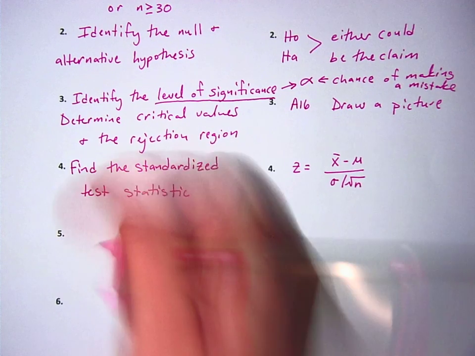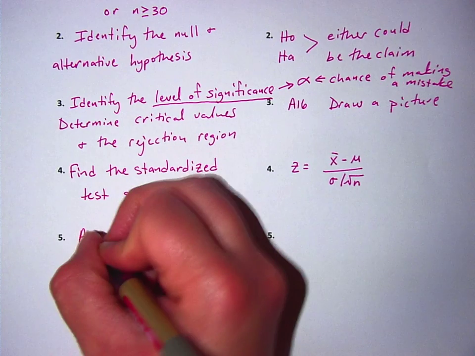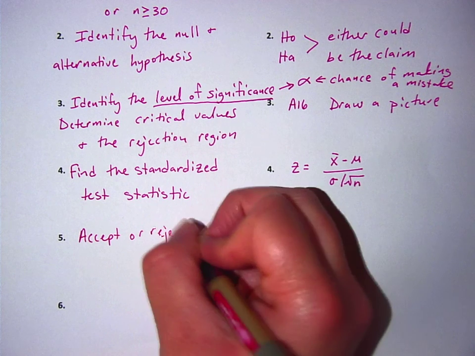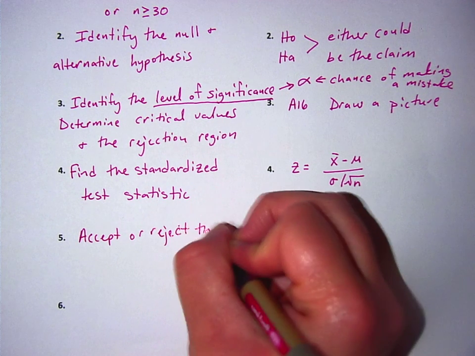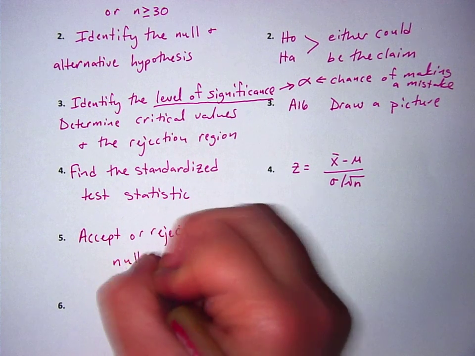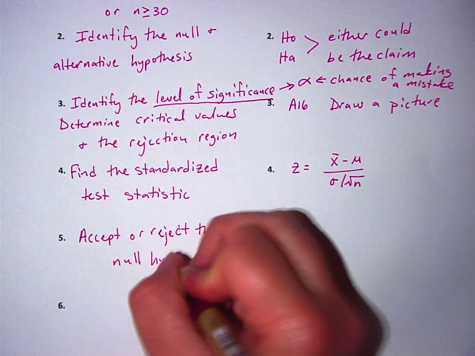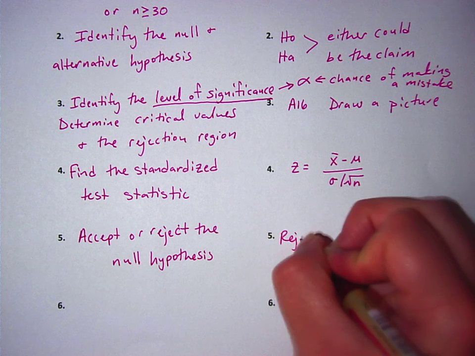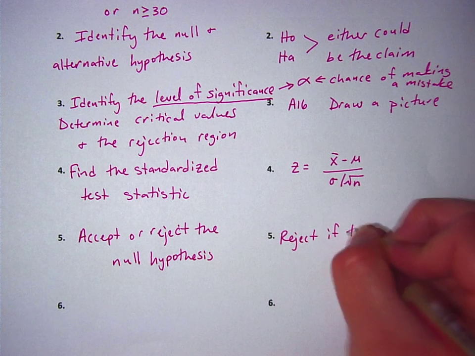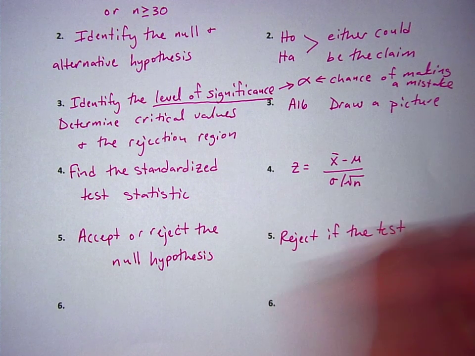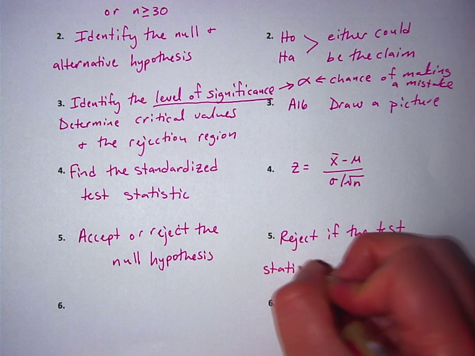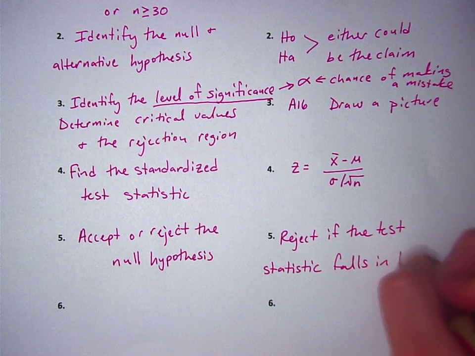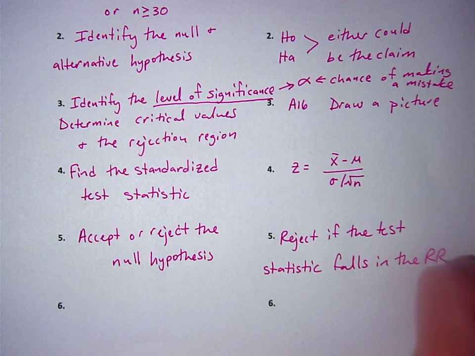All right, so step 5 is to accept or reject the null. That's the first thing you think about, is the null. And you reject it if the test statistic falls in the rejection region.